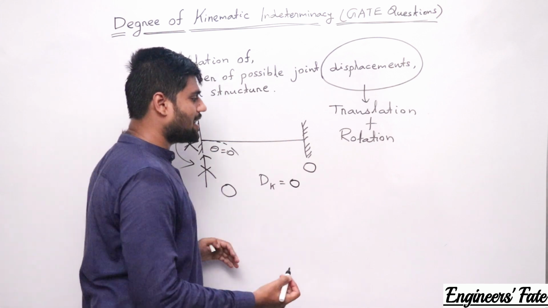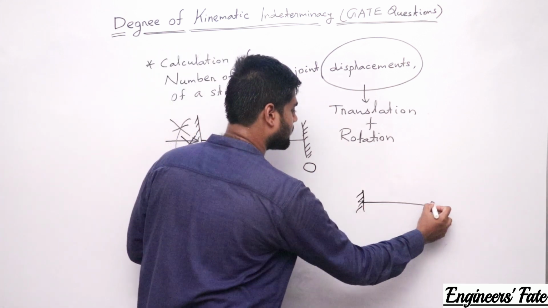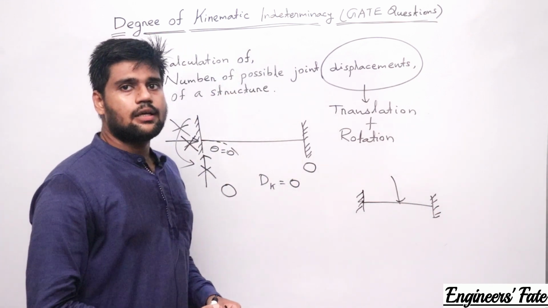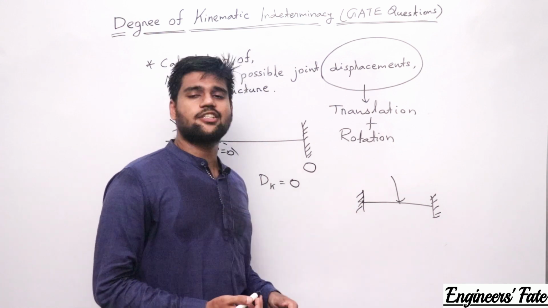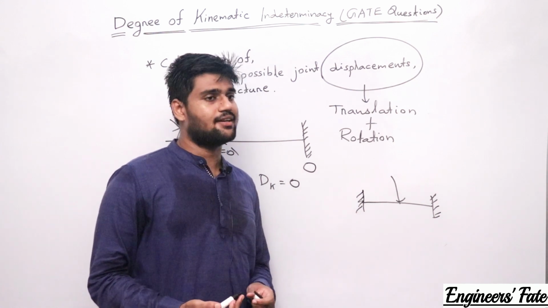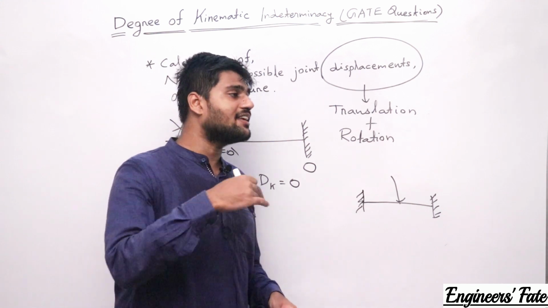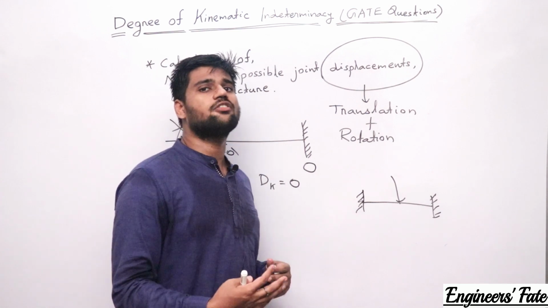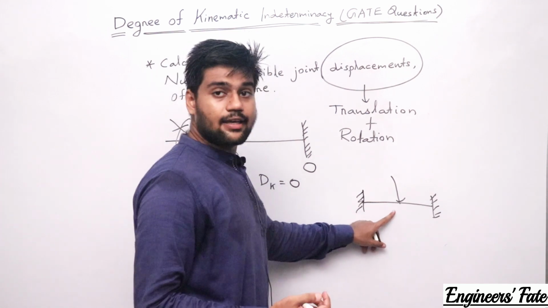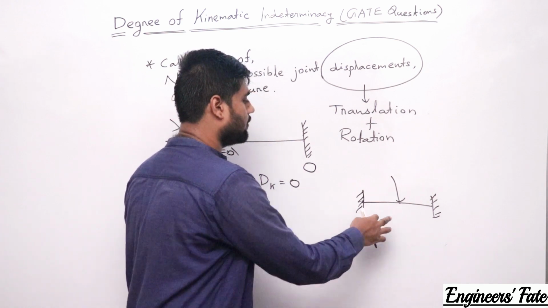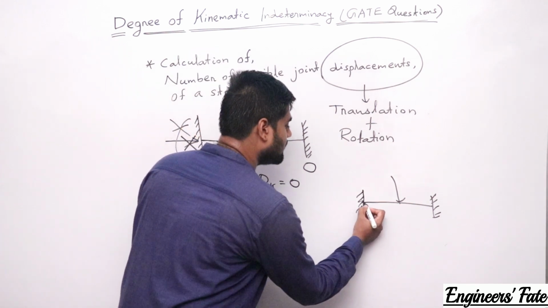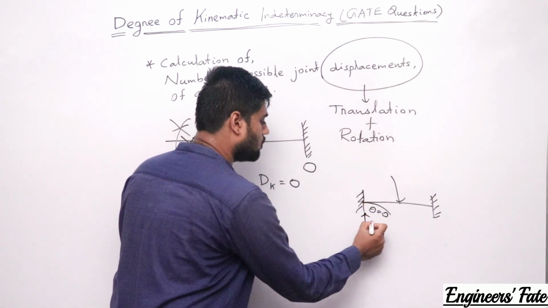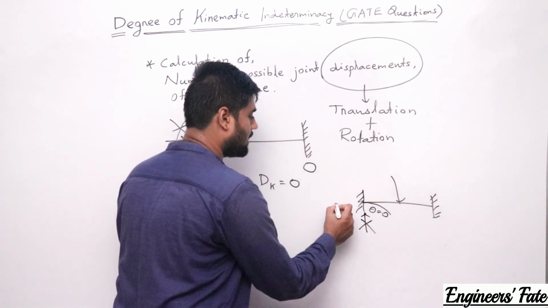Let's again take an example of the same fixed beam, but with the application of a load. Do you remember the application of load which I discussed in the degree of static indeterminacy? In this case, the two things are slightly different. Here in the degree of kinematic indeterminacy, even if this load is applied, rotation is prevented, that is theta equal to 0.